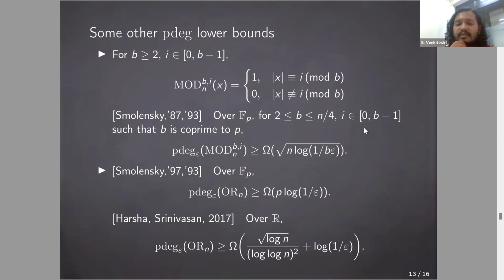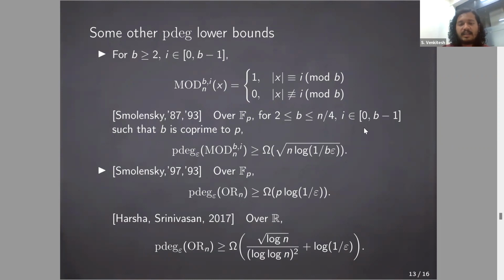So over fp fields with positive characteristic p, if b is at most n by 4 and b is co-prime to p, then the epsilon p degree is at least square root n log 1 over b epsilon. Now that's a small technical thing that comes in between, but if you choose a constant base, then it's the same as the majority lower bound of square root n log 1 over epsilon.